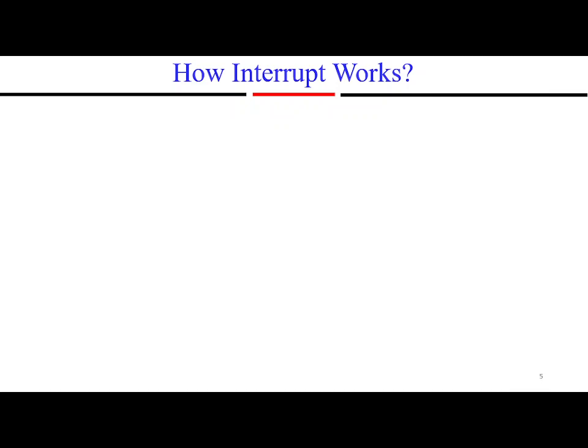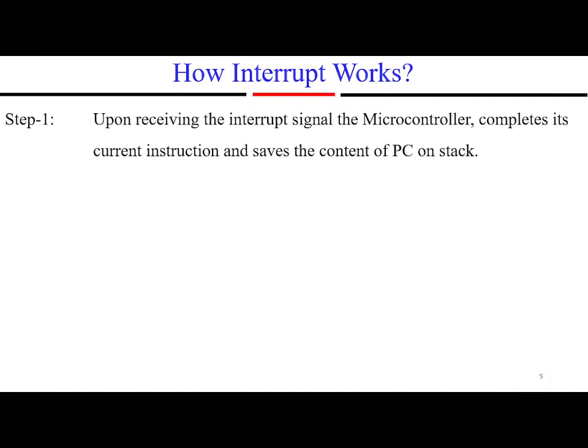Now let's see how it works. Step 1: upon receiving the interrupt signal, the controller completes its current instruction and saves the content of the program counter on the stack. The program counter stores the address of the next instruction to be executed.